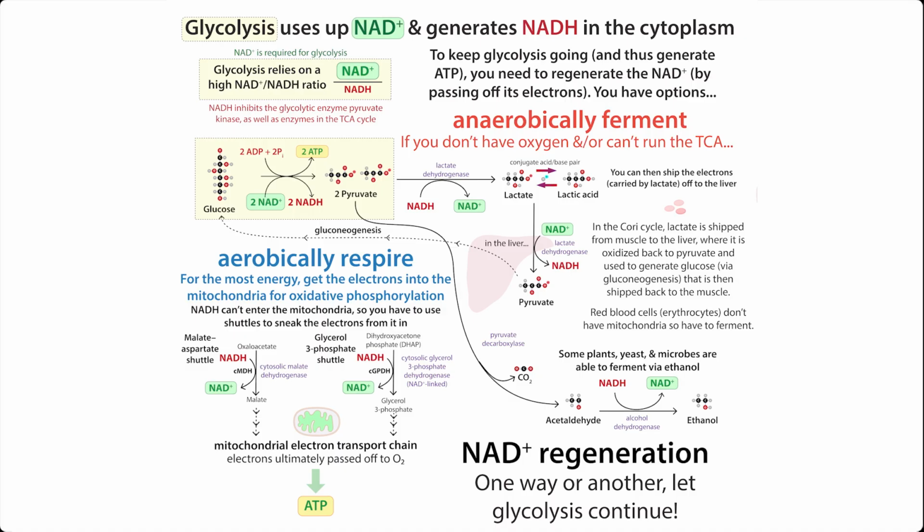But if you're in a scenario where you can't do oxidative phosphorylation, if your electron transport chain's backed up, if you don't have oxygen, if your citric acid cycle is not running, if you don't have mitochondria because you're a red blood cell, in all these situations, anaerobic glycolysis, where we're regenerating the NAD plus by making lactate, gives us a way to keep glycolysis going.